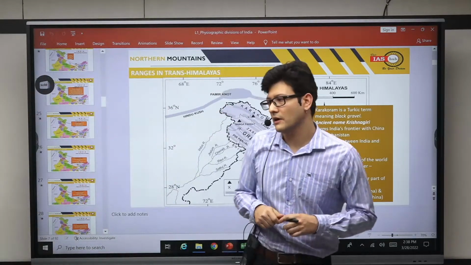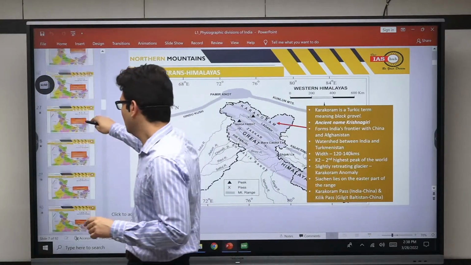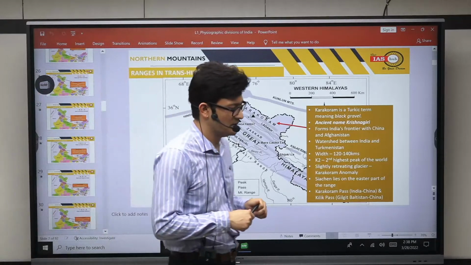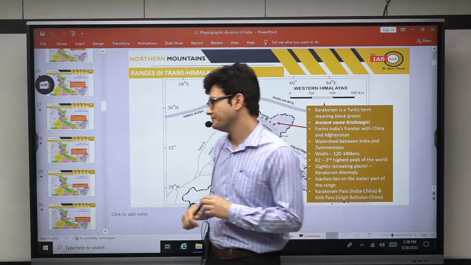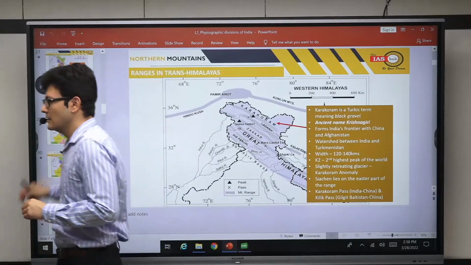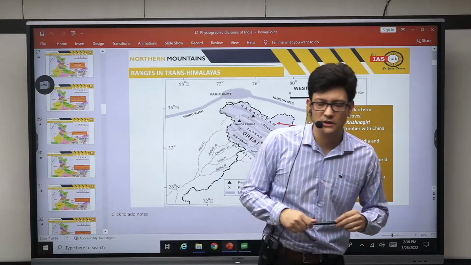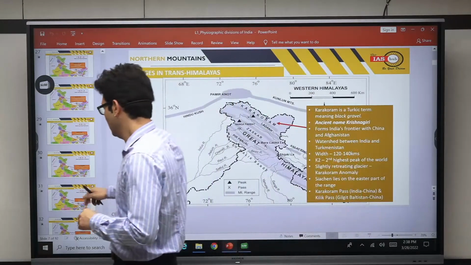Then we saw some of the passes in Sikkim also. 2 passes were majorly discussed, which were Jelep La Pass and Nathula Pass. Then we discussed some of the passes in Arunachal Pradesh also, Dihang Pass and Diphu Pass.